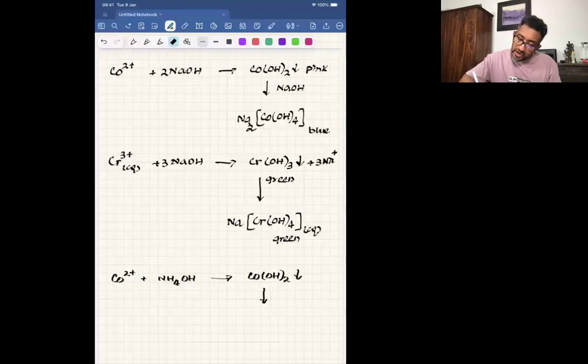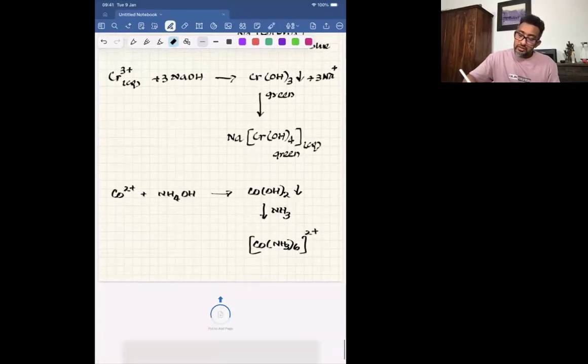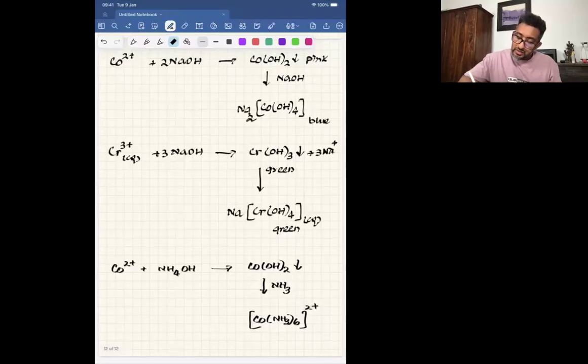But if you add ammonia to this, it dissolves to give you cobalt hexaammine complex, which is yellowish brown in color.